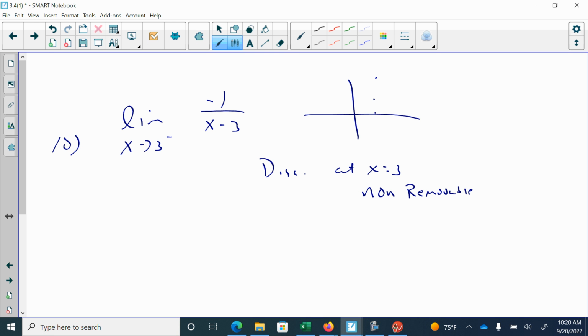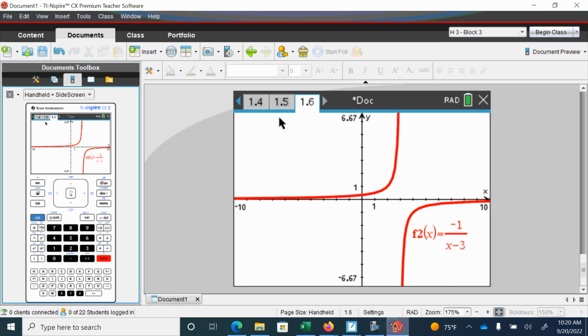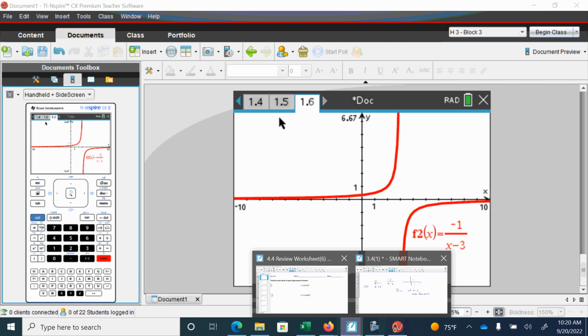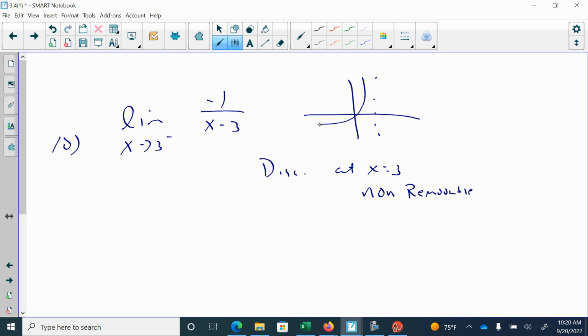When I hit 3, it should be 0. Okay, there we go. Much better. As I'm approaching 3 from the left, I'm going in this direction from the left. What is that going to be? So I'm going to write positive infinity. Good?